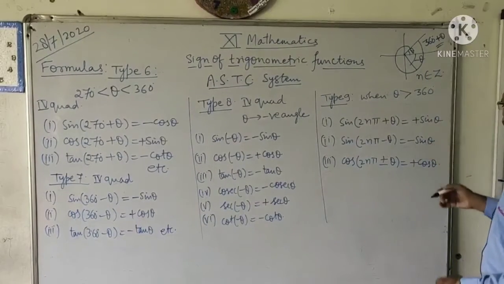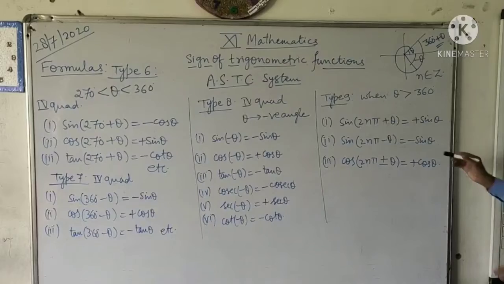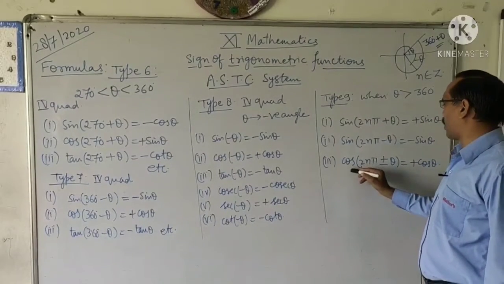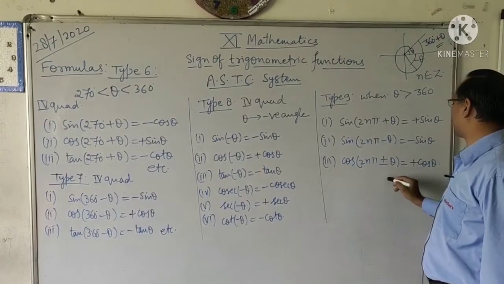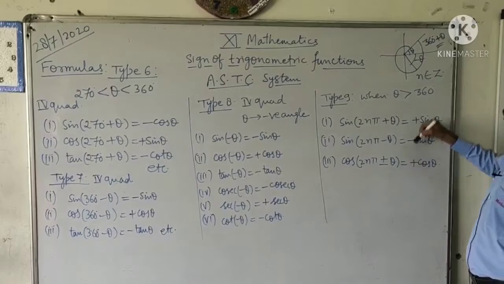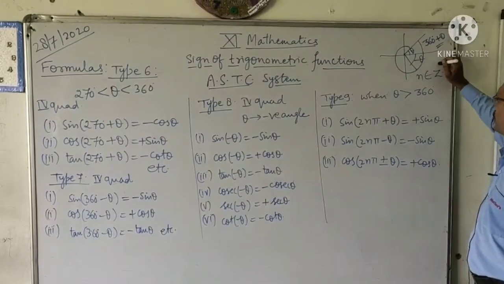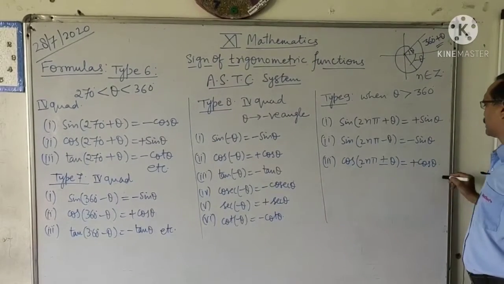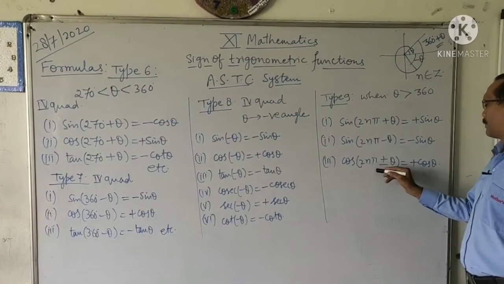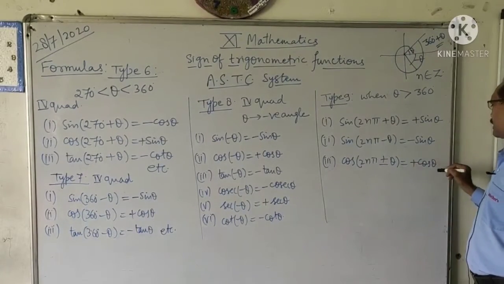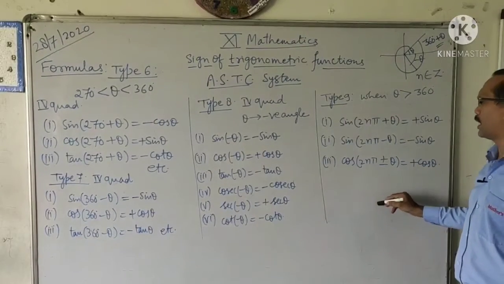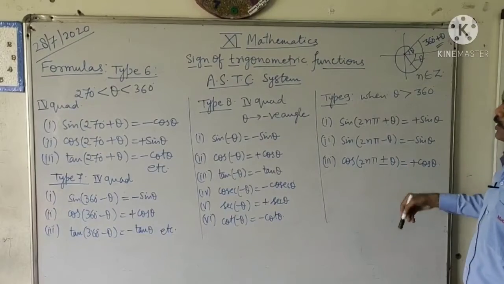So that is why sin is negative, so minus sin theta. And formula number 3, cos(2n pi plus or minus theta) equals plus cos theta because when the angle goes in the first quadrant or the fourth quadrant, cos is always positive. That is why cos(2n pi plus or minus theta) is plus cos theta. And there are no formulas for tan and cot. We can frame them according to this.